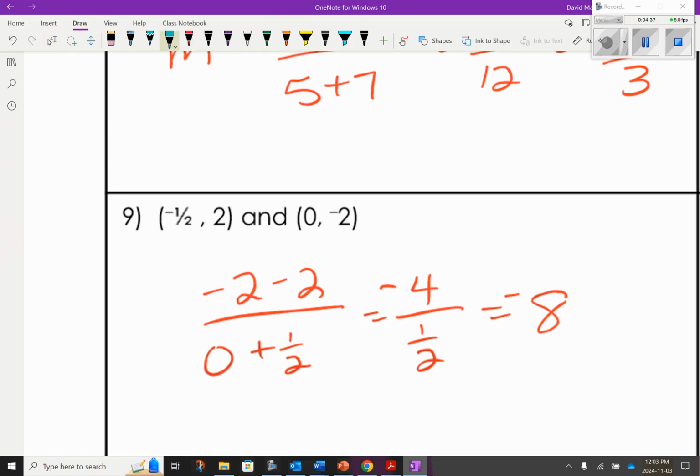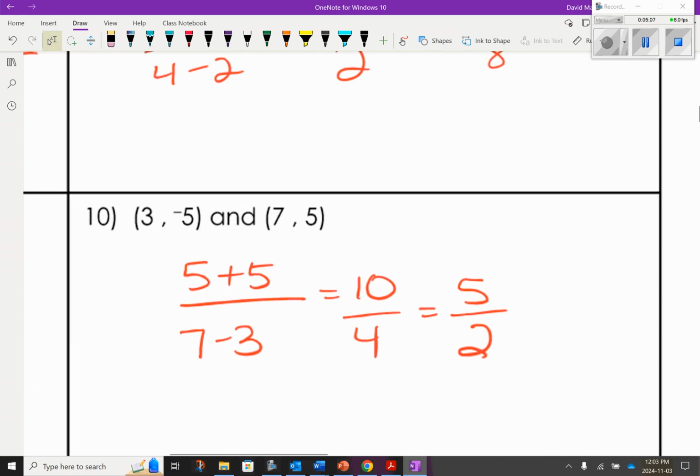They put in an extra step here. Negative 4 divided by 1/2 is the same thing as multiplying by 2 over 1. If I make that look like a fraction, multiply numerators, multiply denominators, that's why we get a slope here of -8 over 1, or just -8.